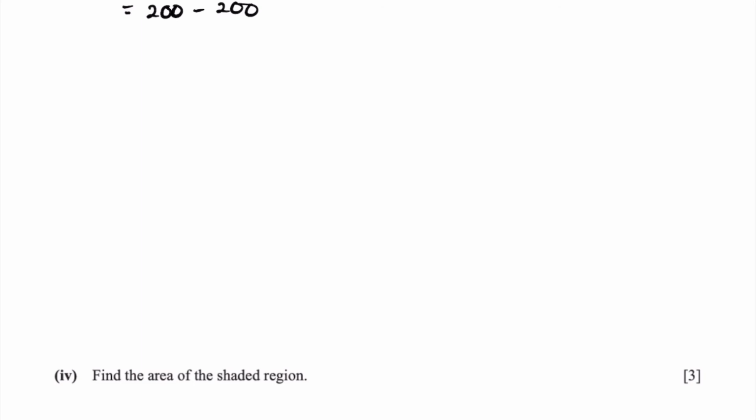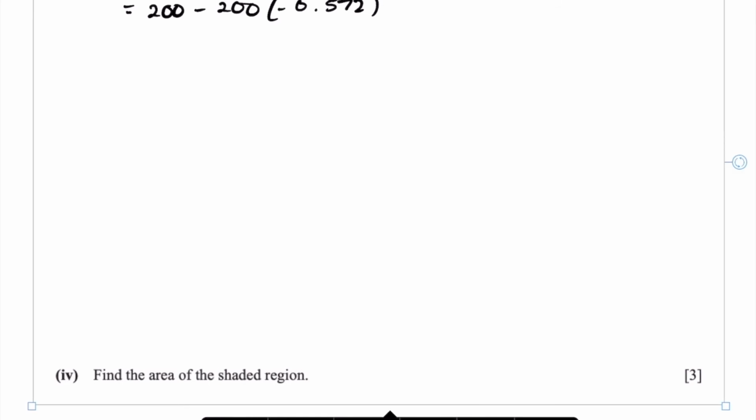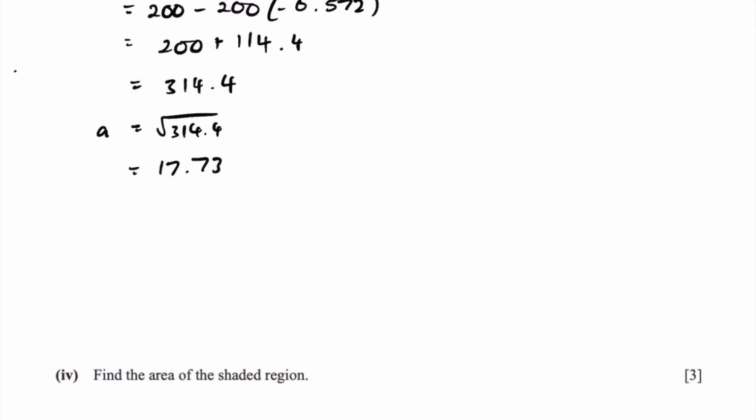Cos of 2.18 is approximately negative 0.572, so we multiply that by 200, which gives 114.4. So that's 200 plus 114.4, which is approximately 314.4. So A is the square root of 314.4, which is equal to 17.73, let's say for now, because I'm truncating it a bit.